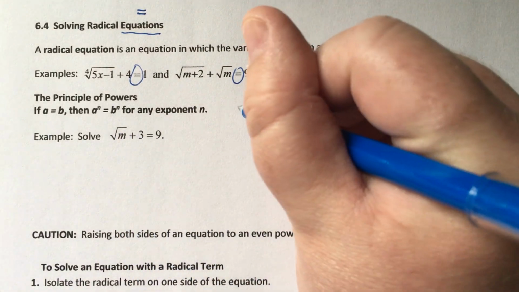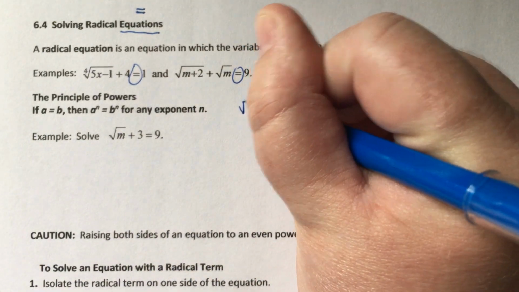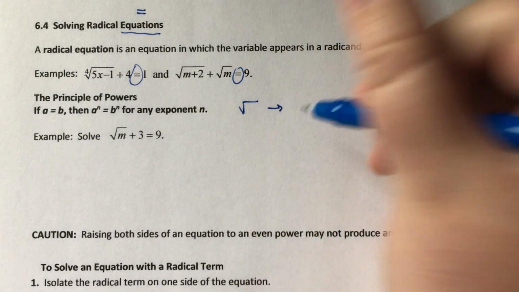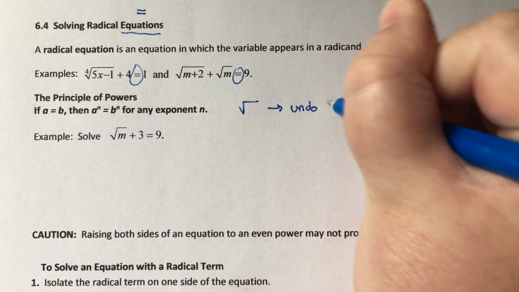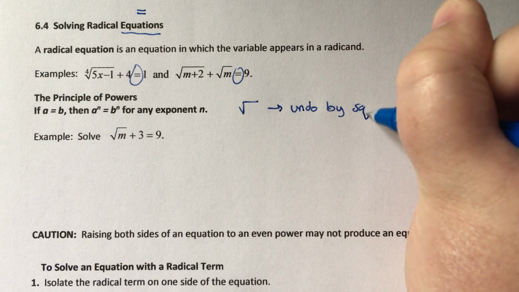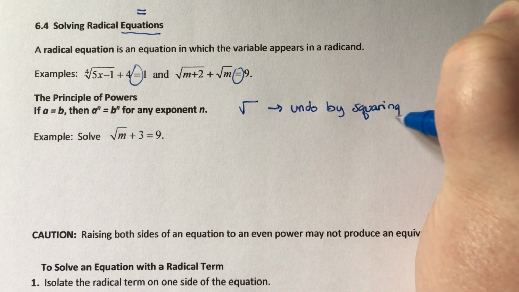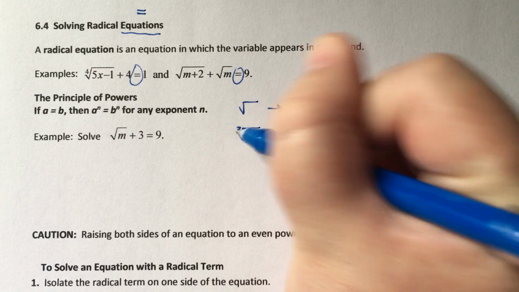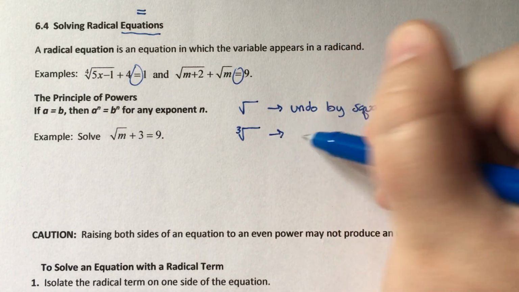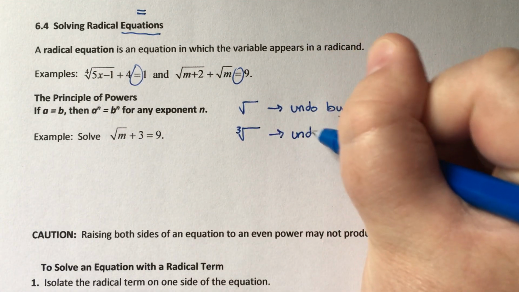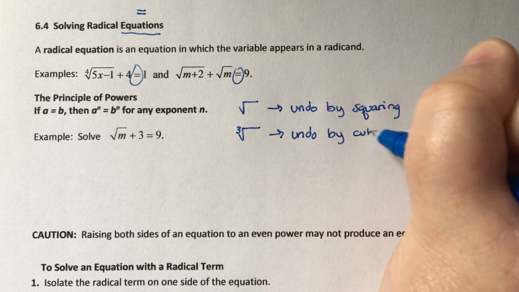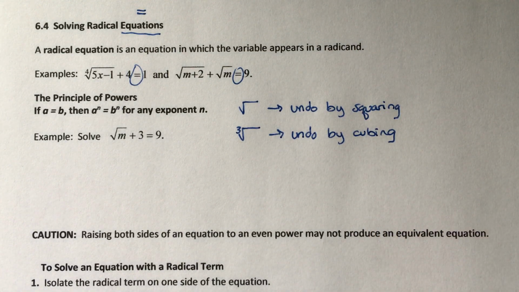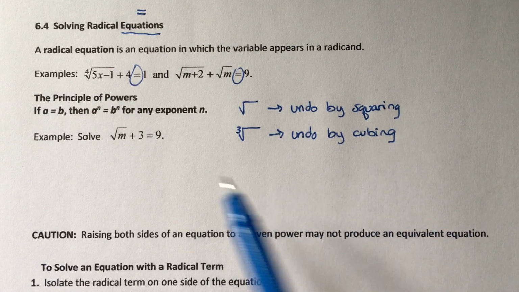For example, if an equation has a square root, we undo that by squaring, because the opposite of a square root is being squared. If the equation has a cube root, we're going to undo that cube root by cubing. But anytime we do something to one side of an equation, we have to do it to both sides.